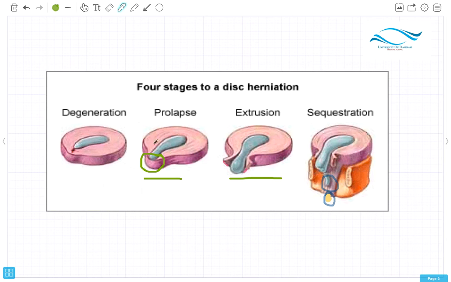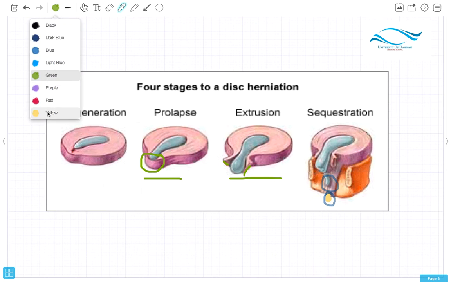But in prolapse, the nucleus pulposus is still contained within the disc itself. It's not outside. Unlike here, we can see there is a tear in the annulus fibrosus, and the nucleus pulposus bulges out and causes a great deal of pain.